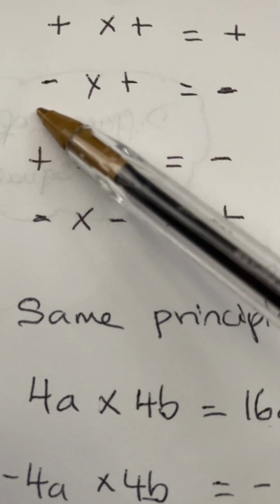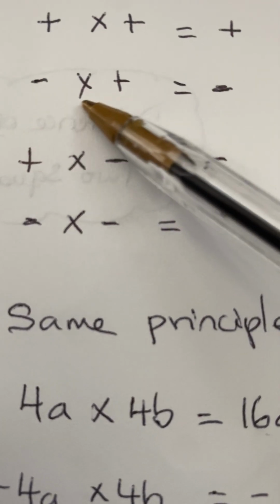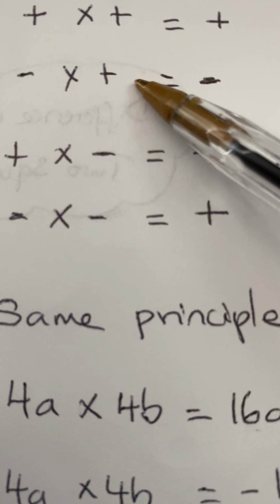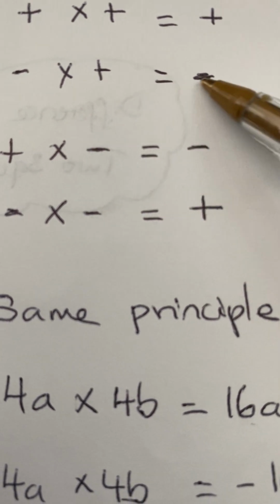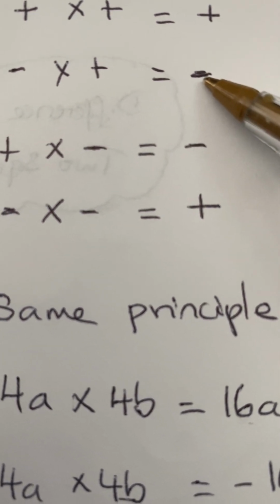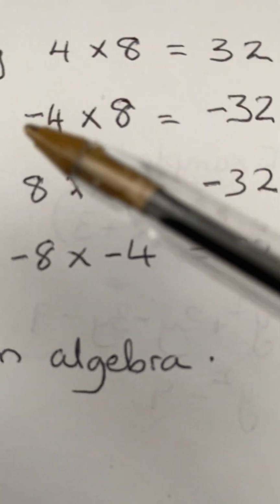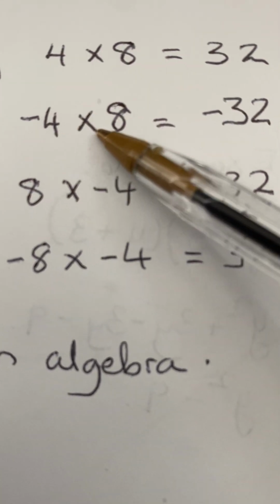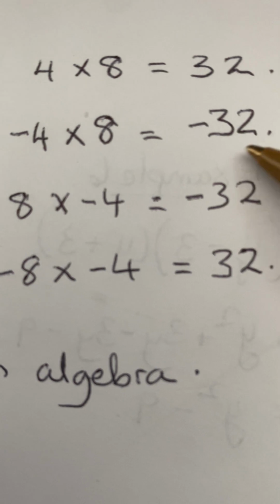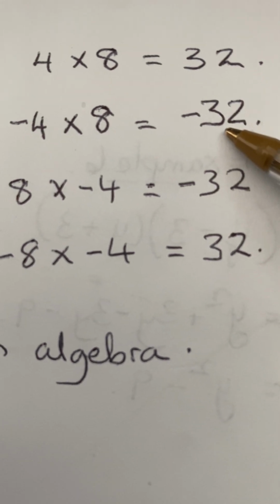But when one number is negative and the other is positive, and you are multiplying, then your answer becomes negative. So for instance here, minus 4 times 8, you get a negative answer.